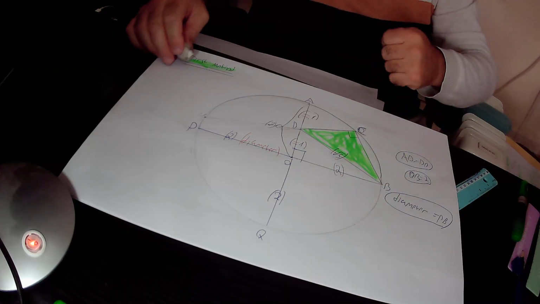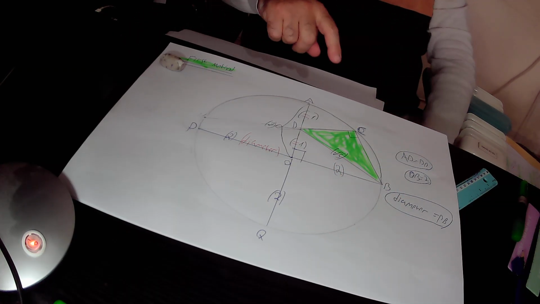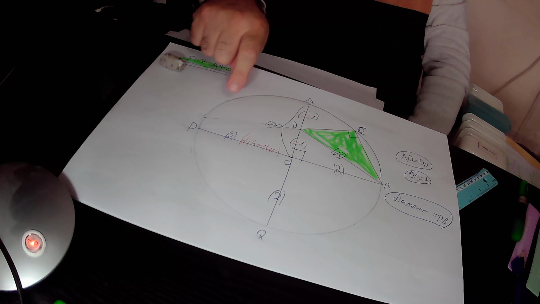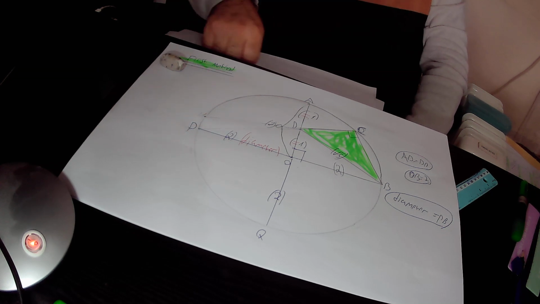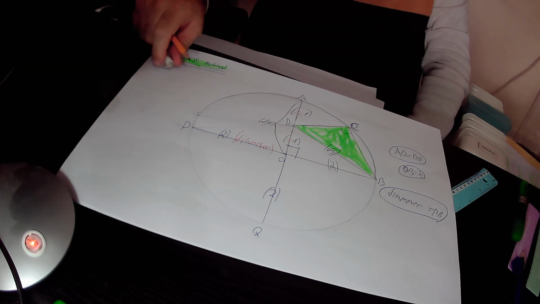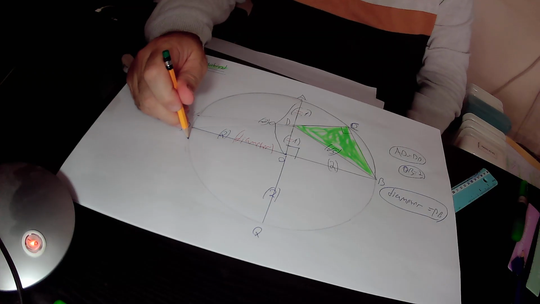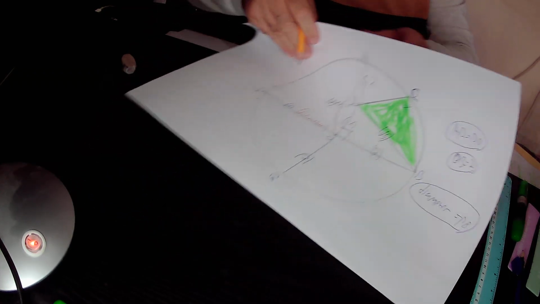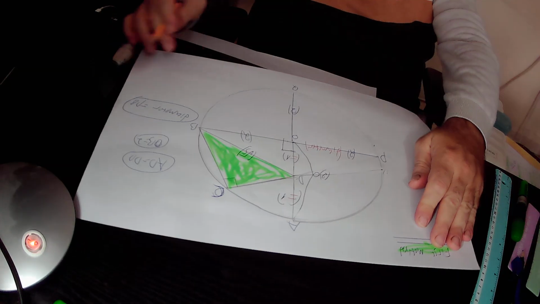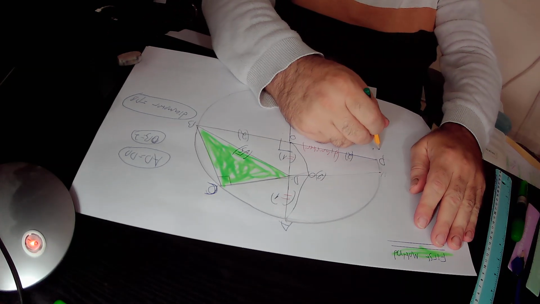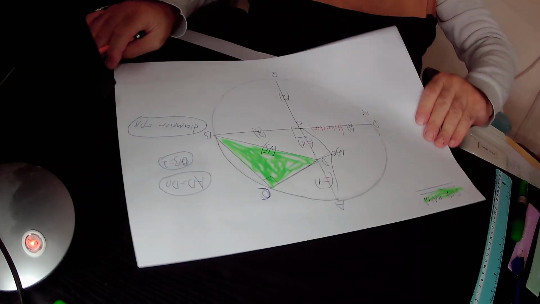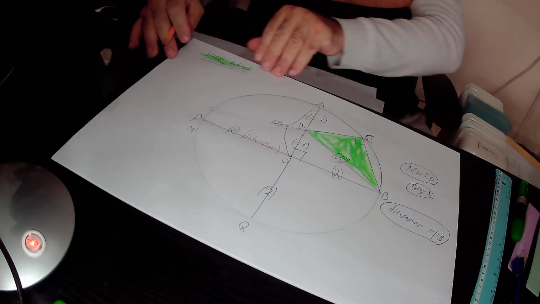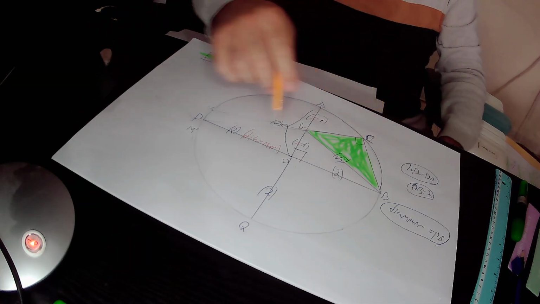In the next step, we will assume that the extended side CD will touch the circle at this point, point M. So according to our assumption, we have here peripheral BCM.